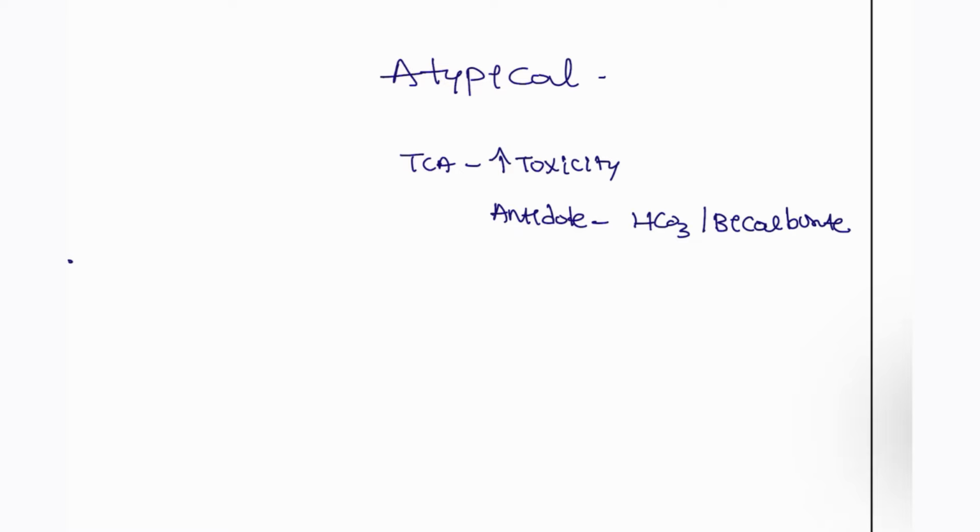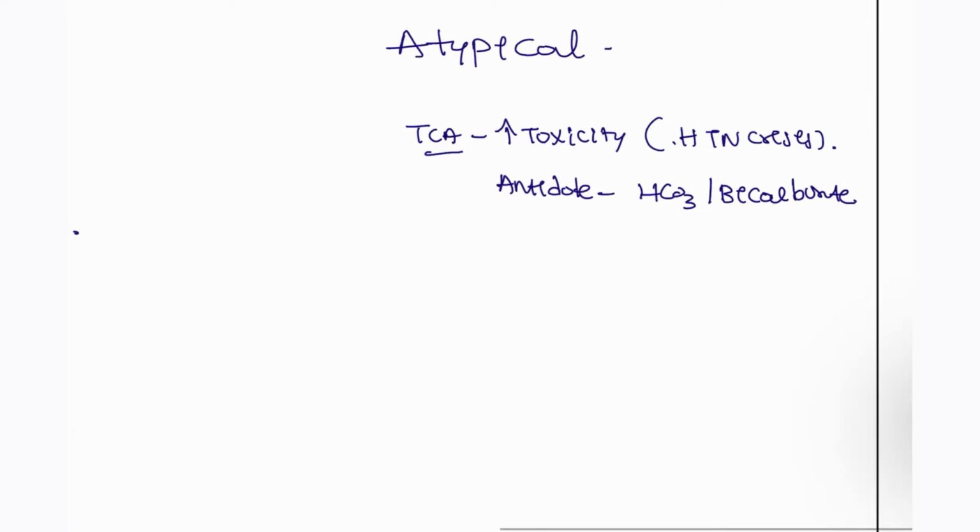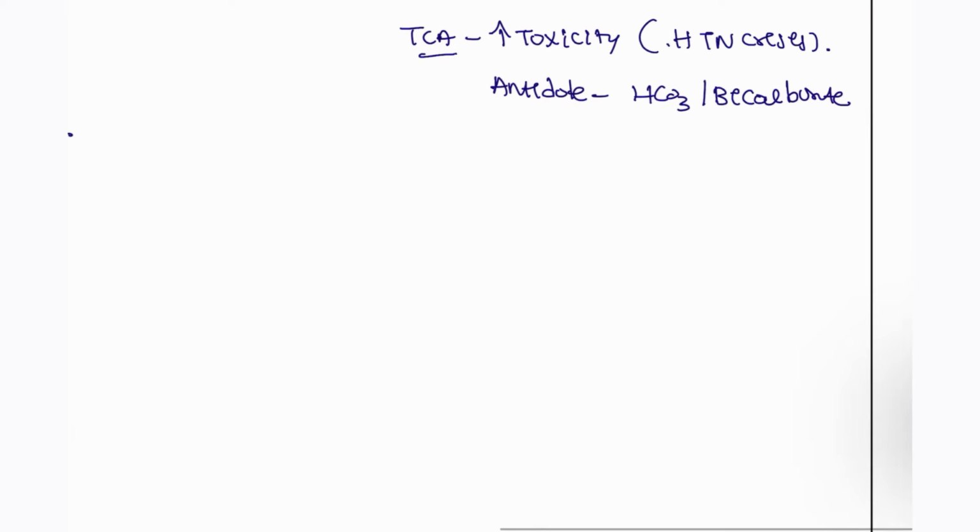And TCAs are also associated with hypertensive crisis. Another point: the atypical drug bupropion is used for smoking cessation. This is also one of the points that you have to remember. And cardiac toxicity will be seen with the tricyclic drugs.